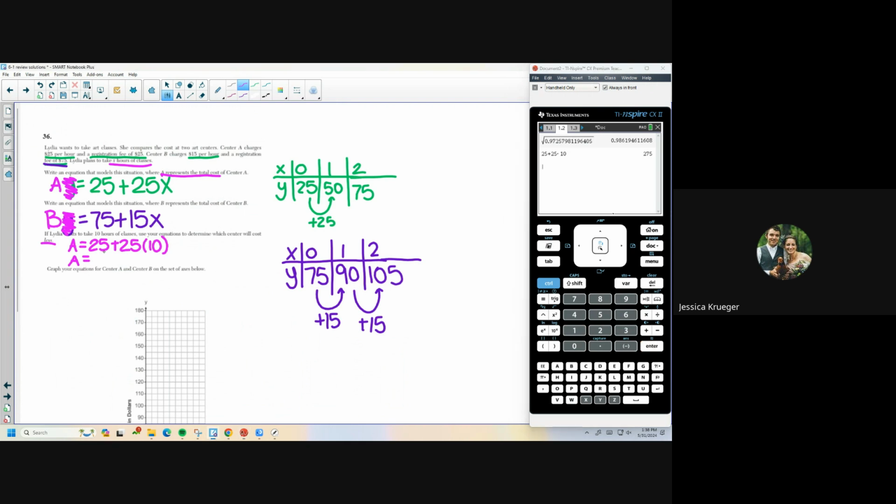And A is 275. So now, if she wants to take 10 hours of classes, B will cost less.